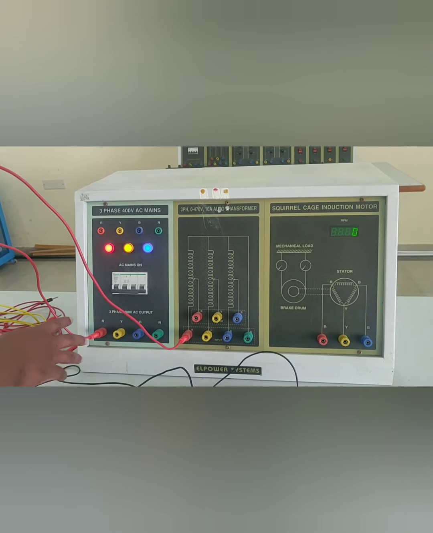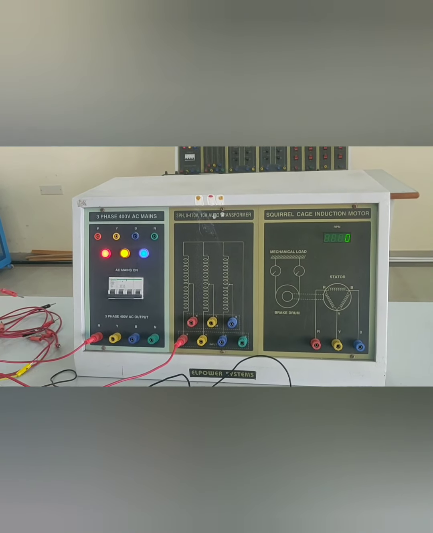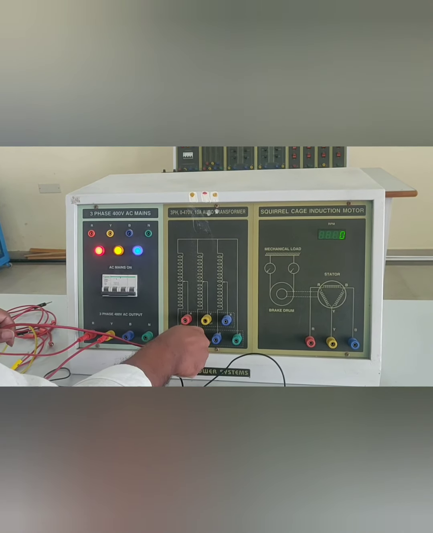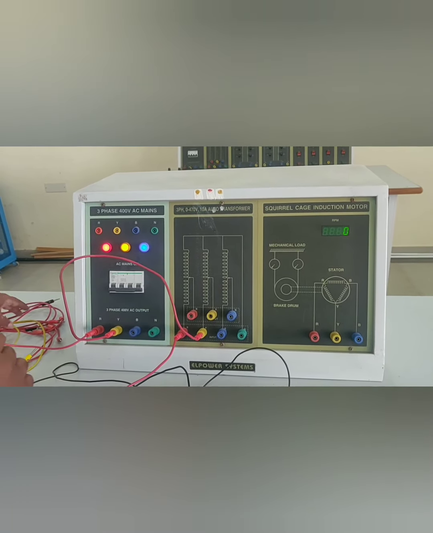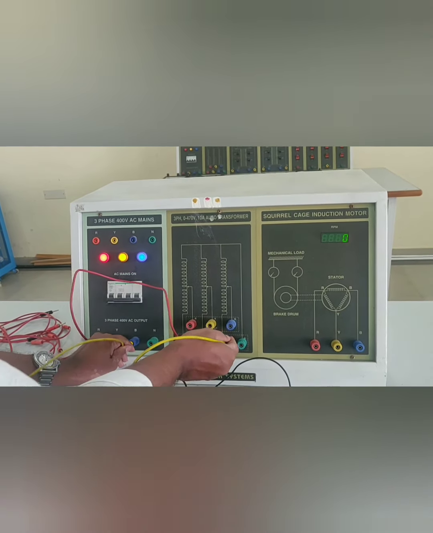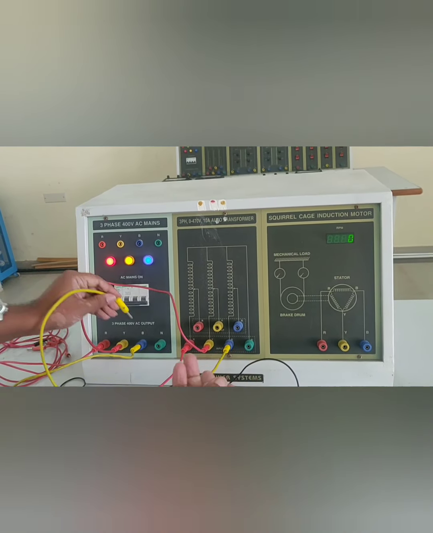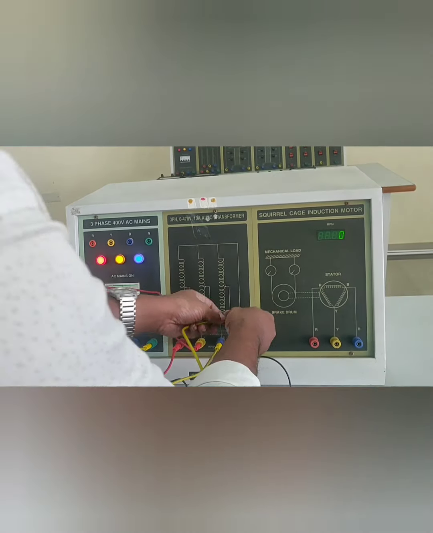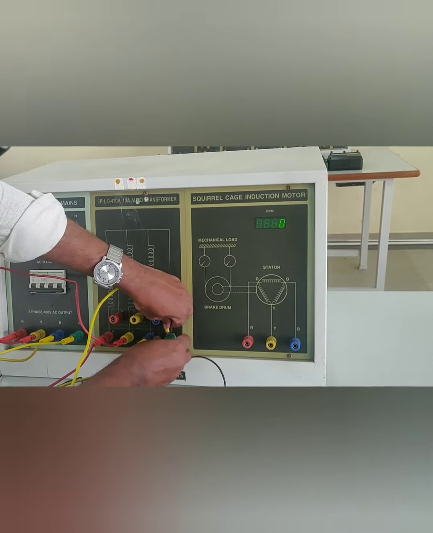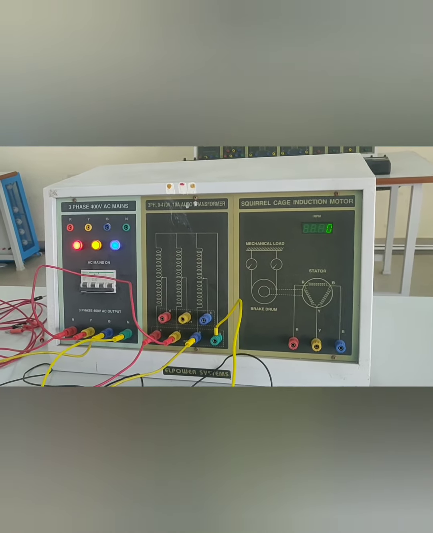The R phase of the MCB output is connected to the R phase of the auto transformer input, the Y phase to the Y phase, the B phase to the B phase, and neutral to the neutral of the auto transformer. Now supply is given to the input of the auto transformer.